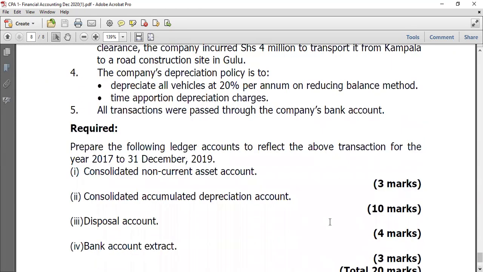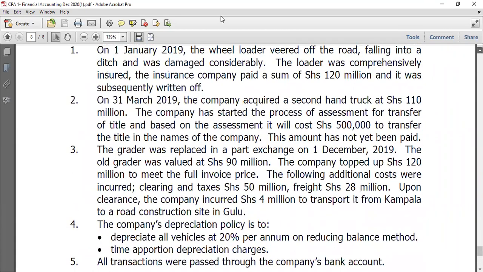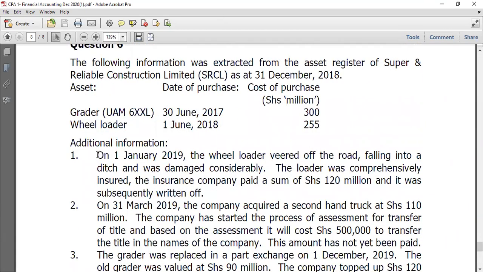So we are going to start now. On 1st January 2019, the wheel loader veered off the road, falling into a ditch and was damaged considerably. The loader was comprehensively insured.